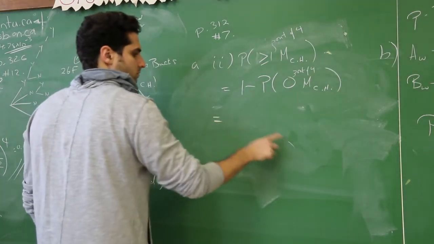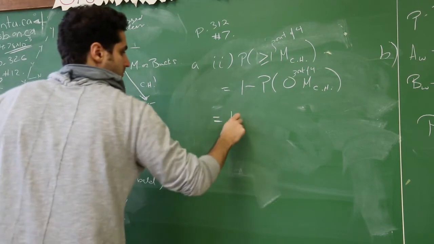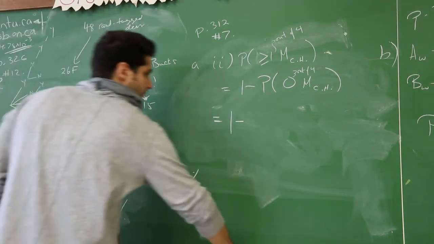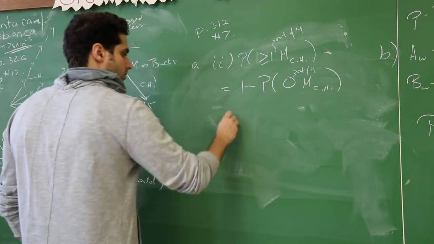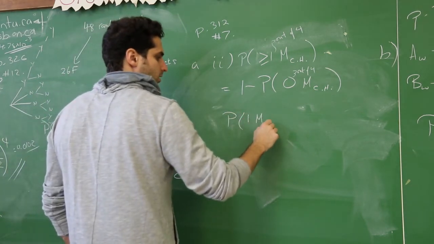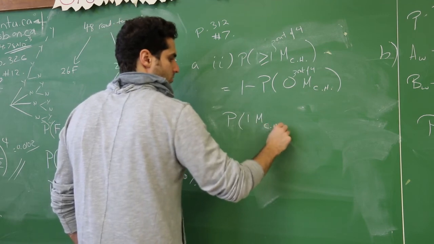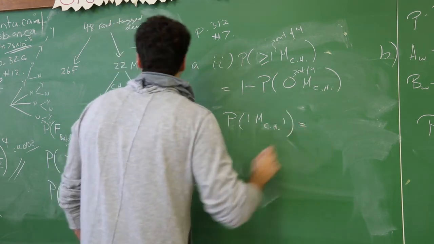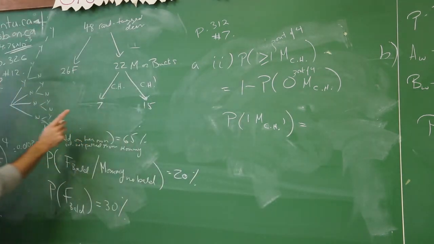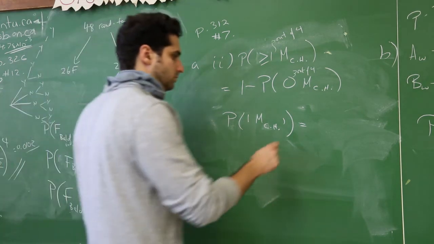So the probability that one male is not crosshatched, or I could write it like this, crosshatched prime, is going to be the complement of 7 over 22, which is 15 over 22.